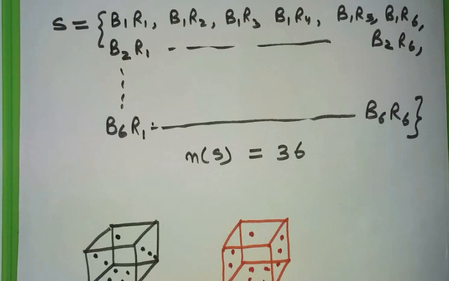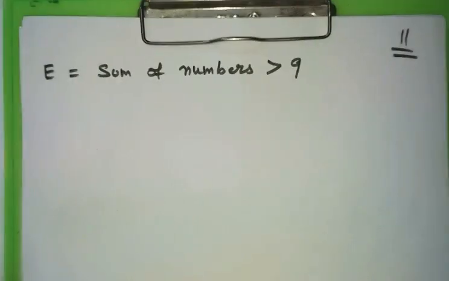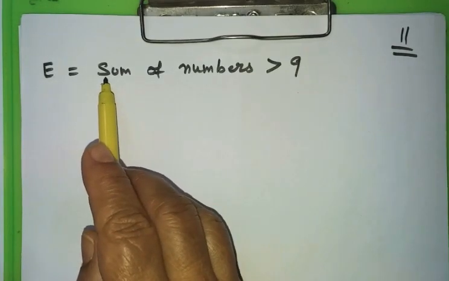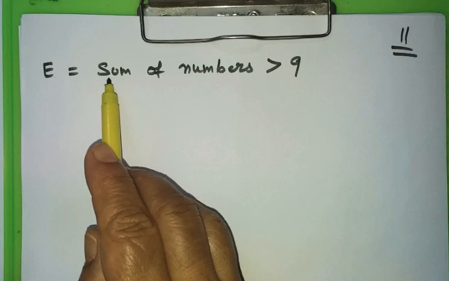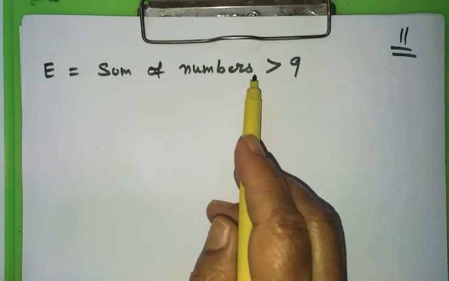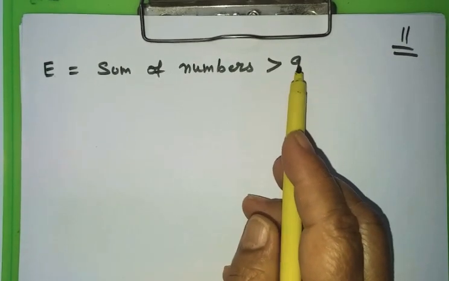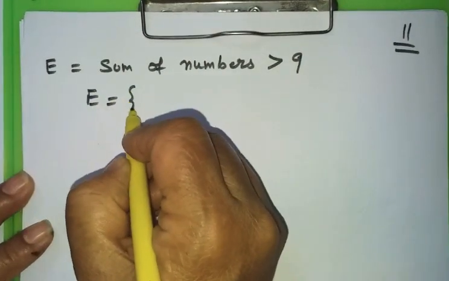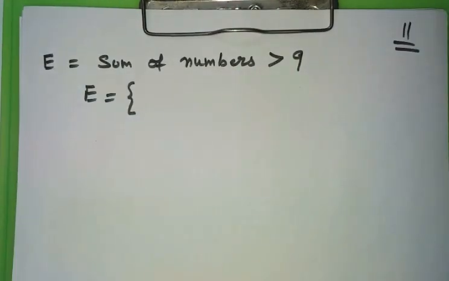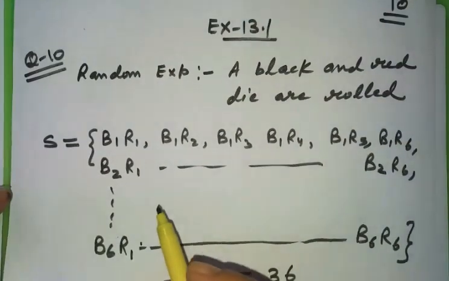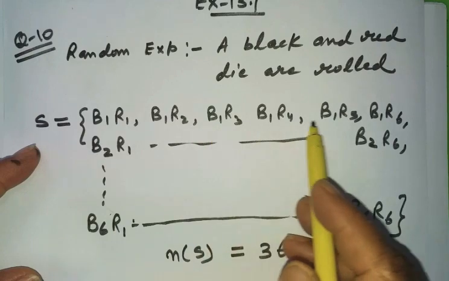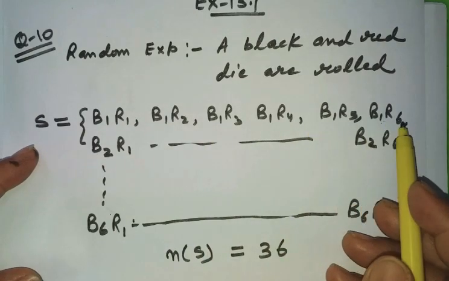Now let us write events E and F. Event E contains all those elements in which the sum of the two numbers obtained on both the dice is greater than 9. So set E contains all those elements of the sample space where the sum of the two numbers is more than 9. Let us check from the sample space. The first row contains 1 1, 1 2, 1 3, 1 4, and the maximum is 1 6, with sum 7.